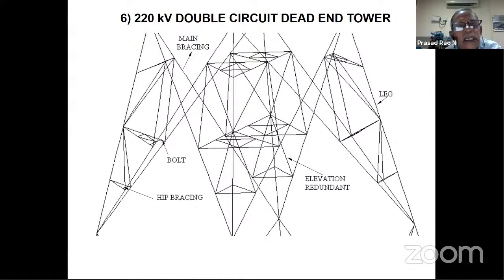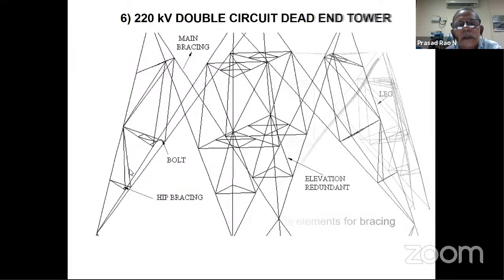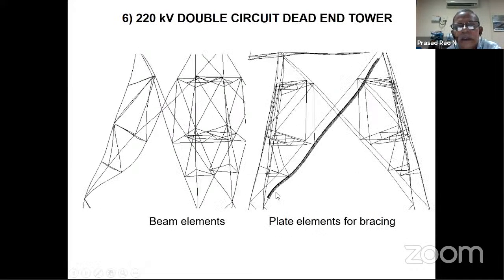Whereas for the convenience, to avoid a small gusset plate, that hip bracing has been connected away from the leg bracing joint. So that means hip bracing is connected to secondary. So that has not given the assumed restraint and it has failed. And moreover, this is open space. There is no triangulation. This is a typical failure obtained in a plate element model.